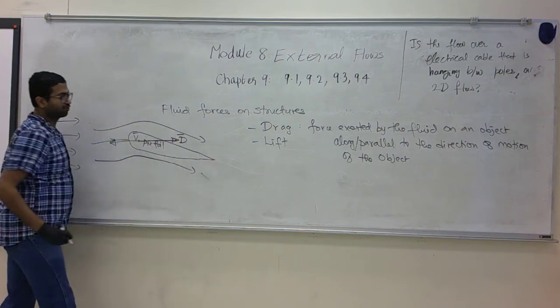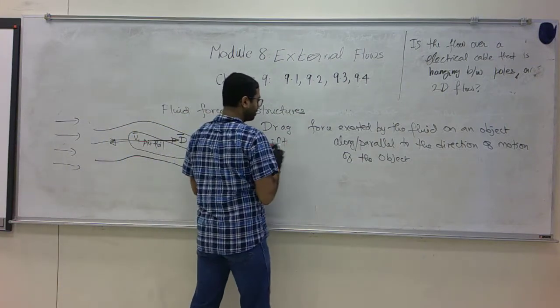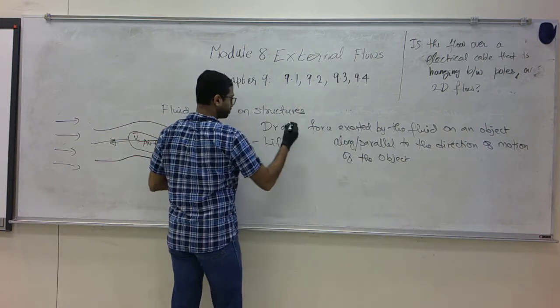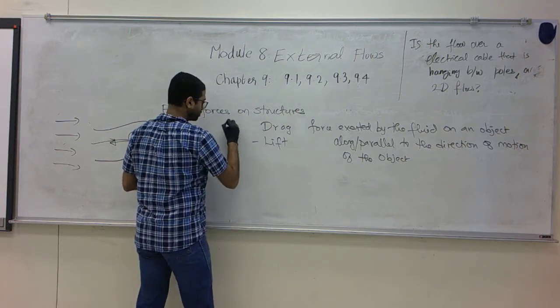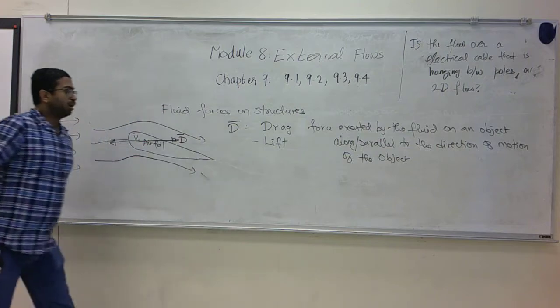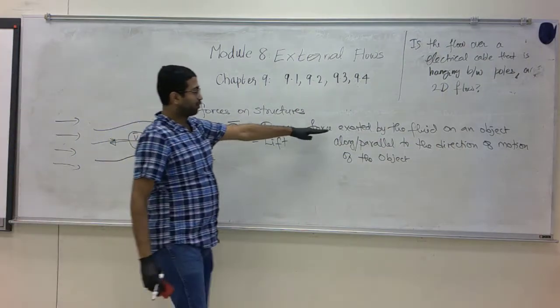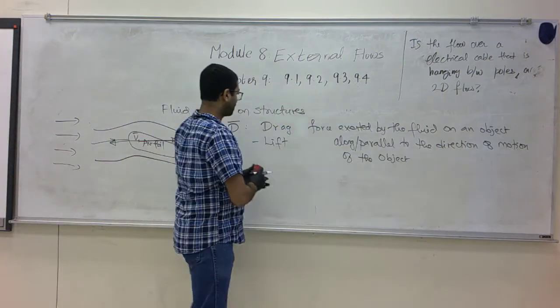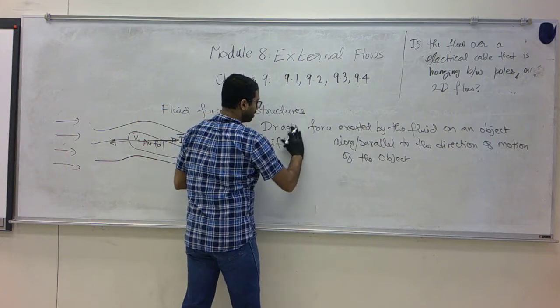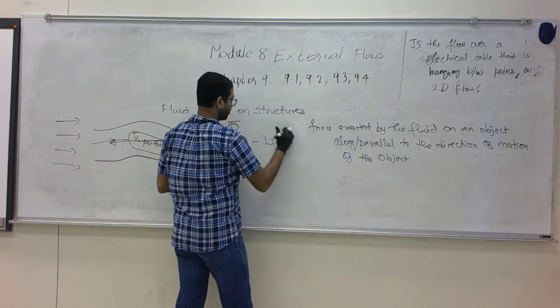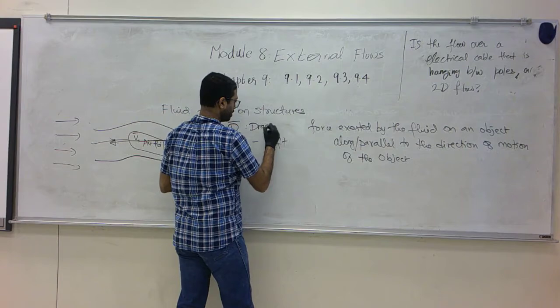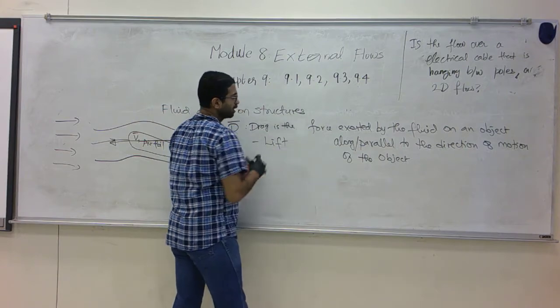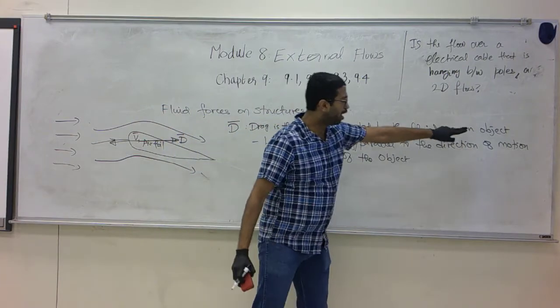This would be my drag force. So if I put a symbol here, drag force exerted by the fluid on an object. Drag is the force exerted by the fluid on an object.